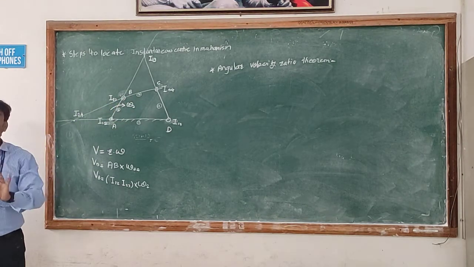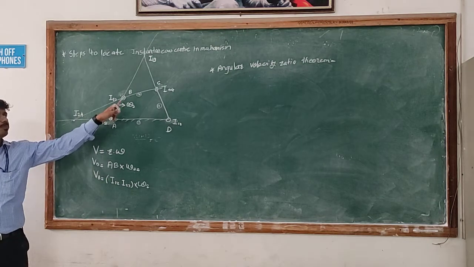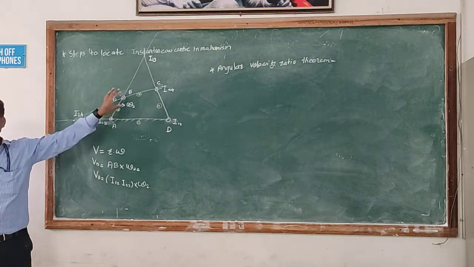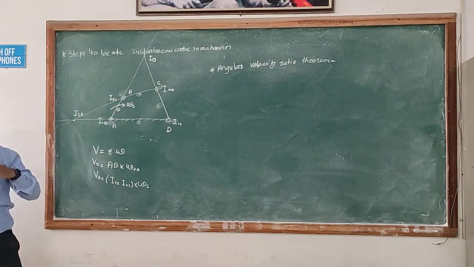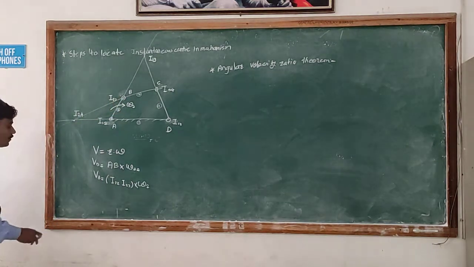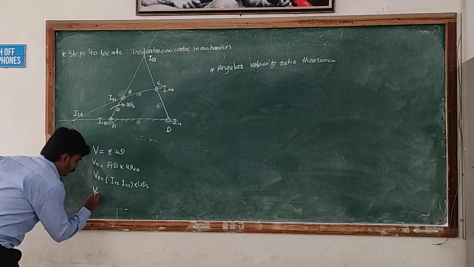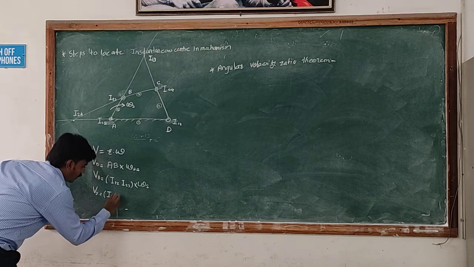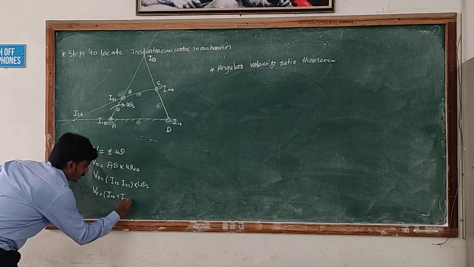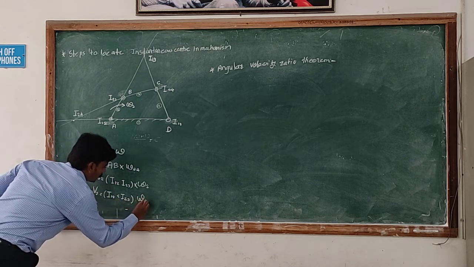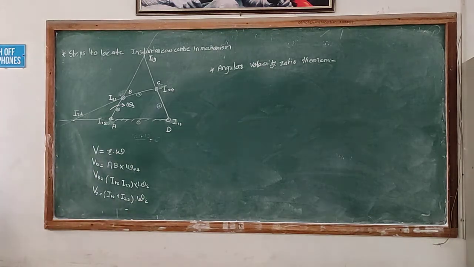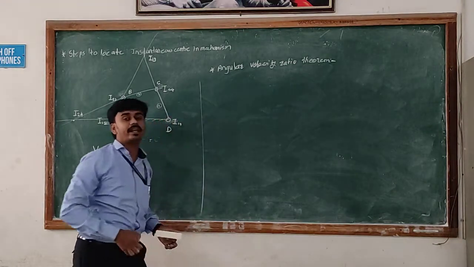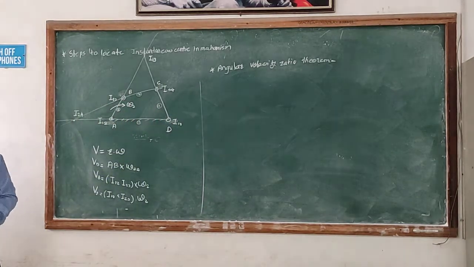If we consider the velocity of the point B on link 2, therefore V2 is equal to I12 into I23 into omega 2. Now we will discuss the statement of the angular velocity ratio theorem.